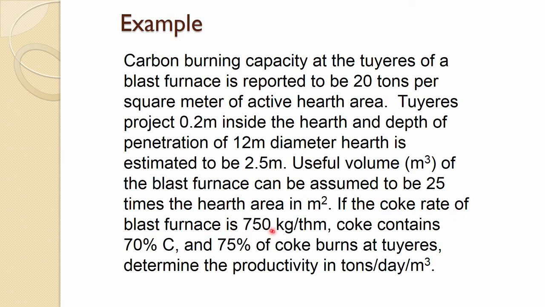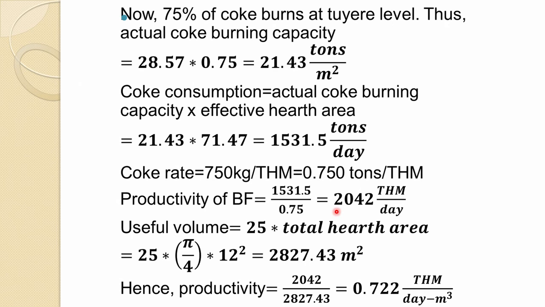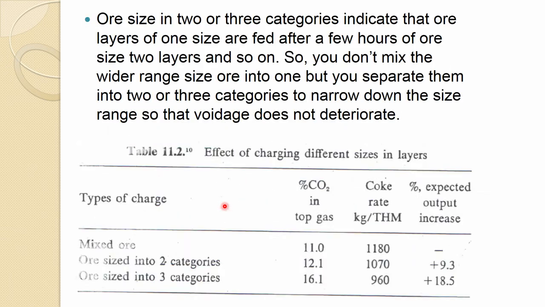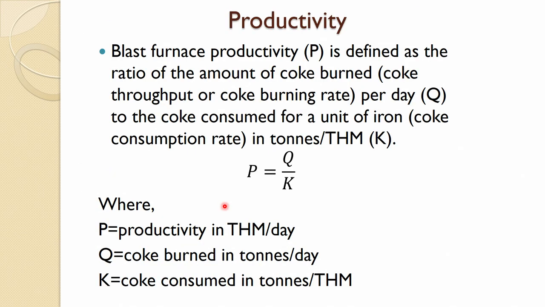The coke rate of the blast furnace is given as 750 kg per ton of hot metal, so it is 0.75 tons per ton of hot metal. So, we have the coke rate and the actual coke consumption, and then we can get the productivity by P equals Q by K. If you look at our first definition of productivity, Q is the coke burned in tons per day and K is the coke consumed in tons per ton of hot metal.